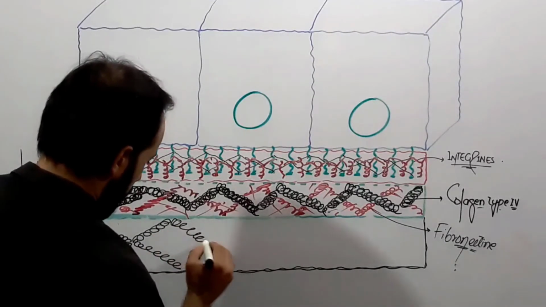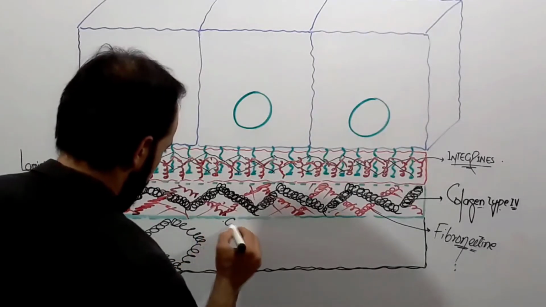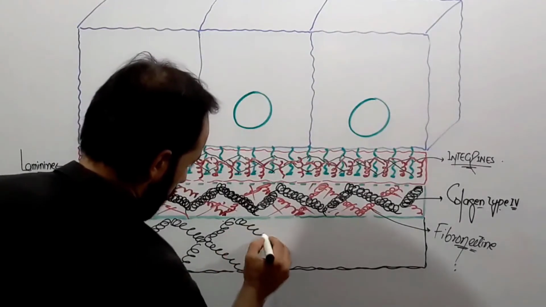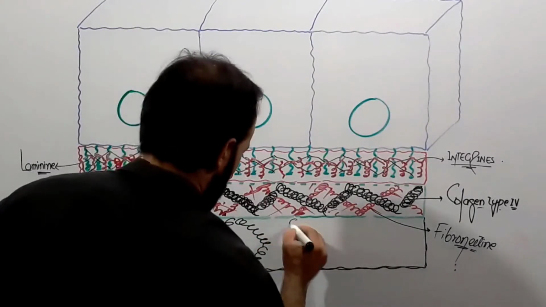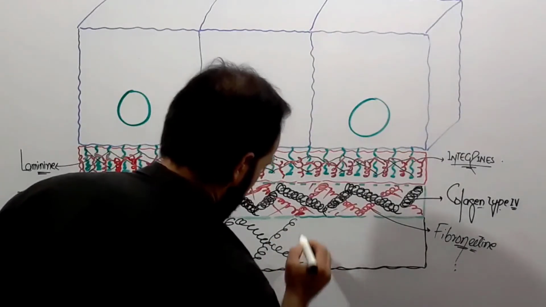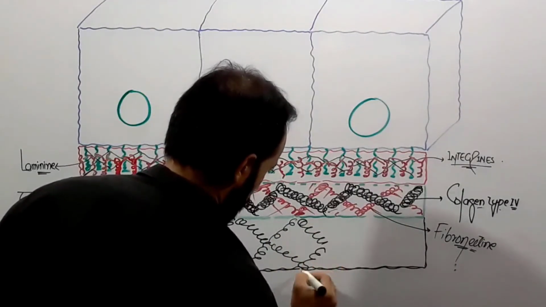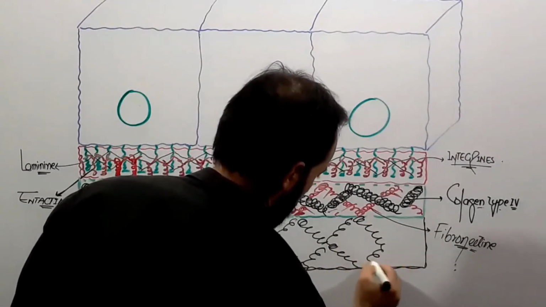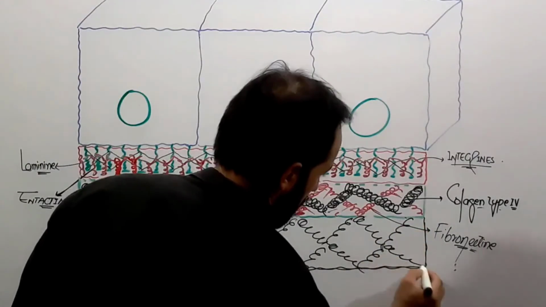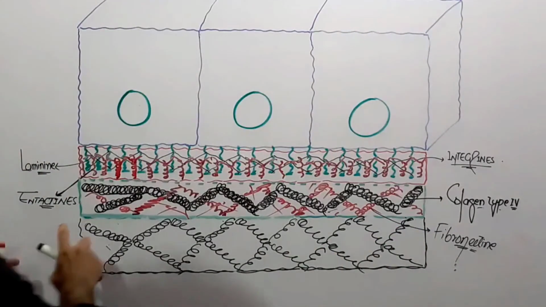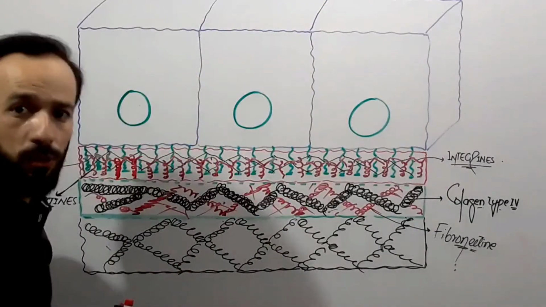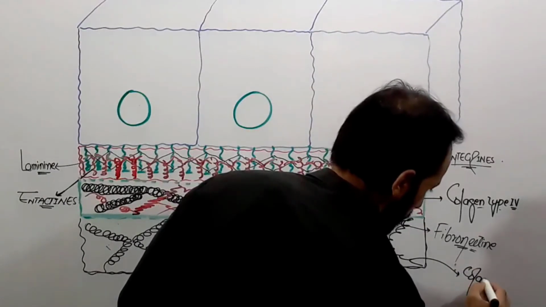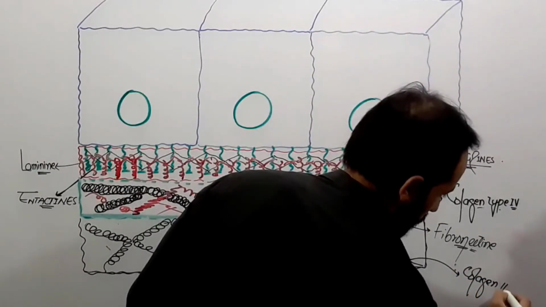I'm making a simplified diagram for our clear understanding. Please friends, don't mind it. There is the collagen type 3 present there. So in the lamina reticularis, what is found there? Number 1, there is collagen type 3.